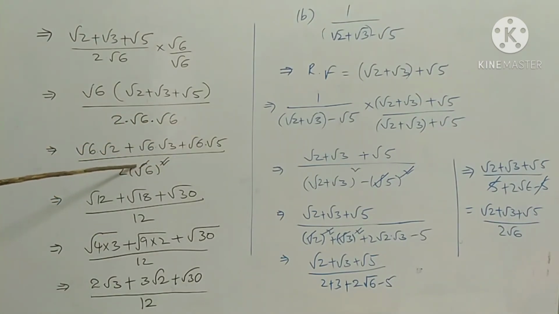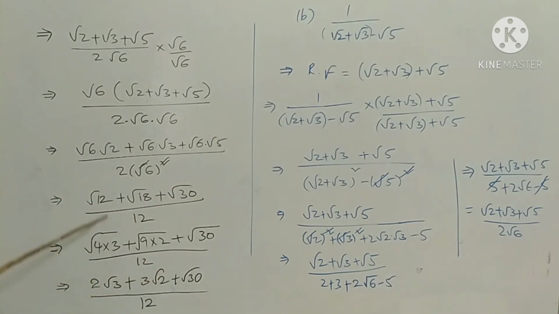So the square root cancels. Using the formula root a into root b equals the square root of a into b, under root 6 into 2 is under root 12, plus root 6 into root 3 is under root 6 into 3, which is under root 18, plus root 6 into root 5, the square root of 6 into 5, so the square root of 30, by 2 into 6 is 12.